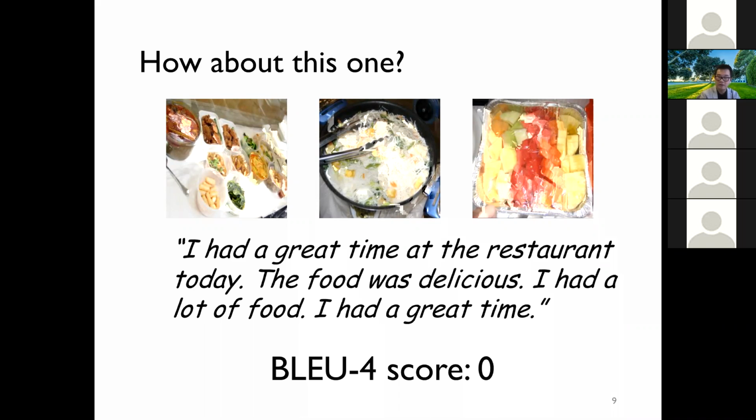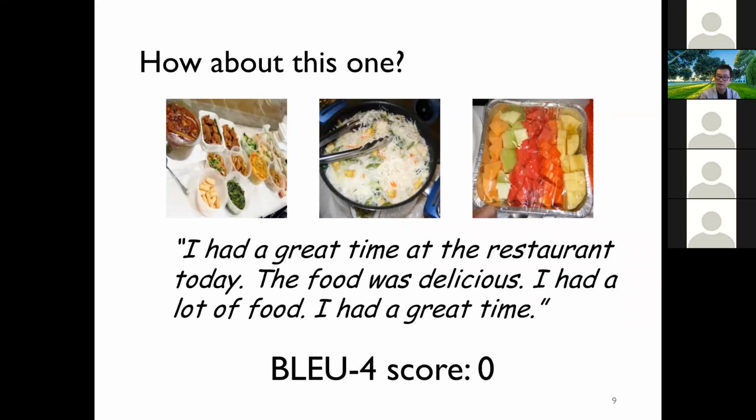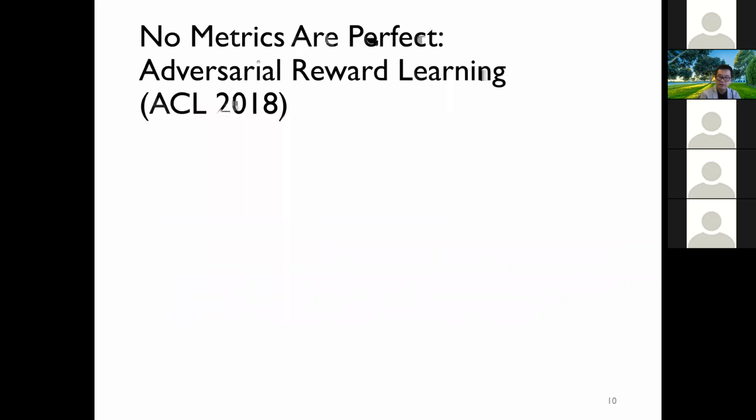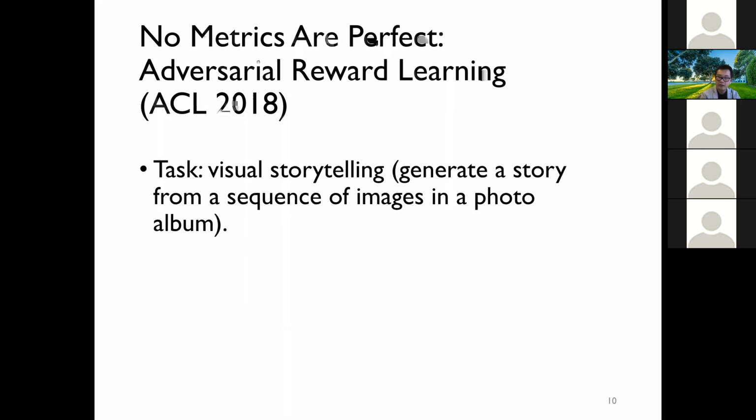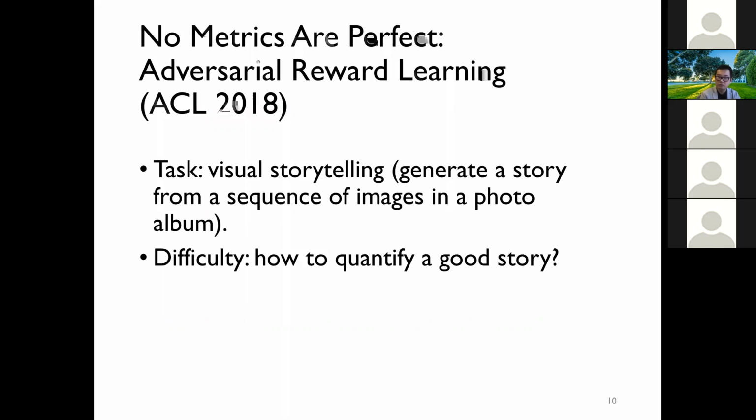So what's broken? We need to look into the details. That's why in 2018 at ACL, we introduced this adversarial reward learning approach. For this complex visual storytelling task, the challenge is really how to quantify a good story, and the classic metrics like BLEU, ROUGE, METEOR, or CIDEr don't really work well.